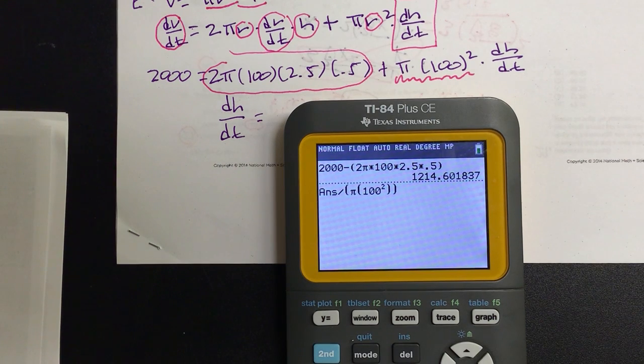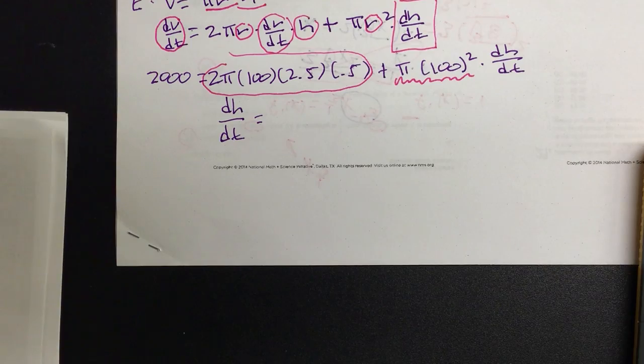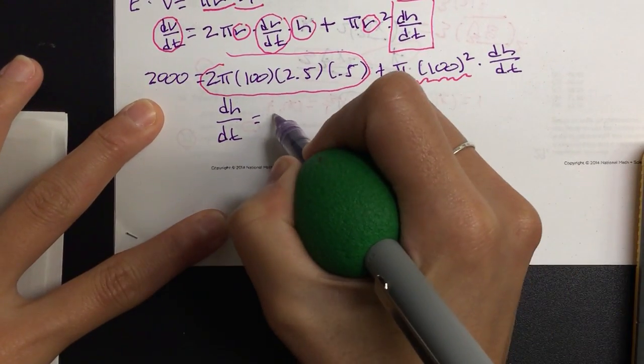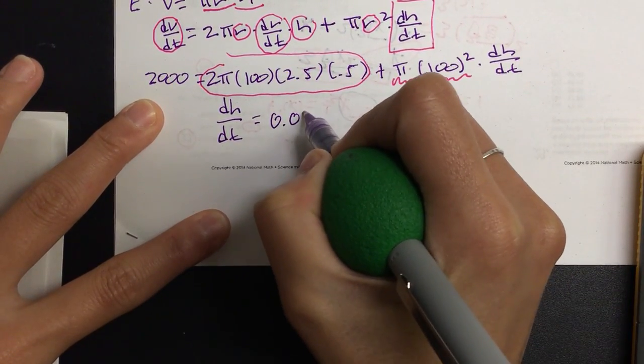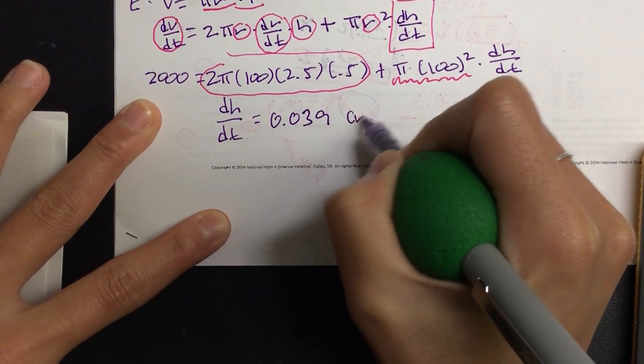And that should give us the rate of the height. And it should be pretty small. Did you get 0.0 something? 0.0338 or 39 would work out. So I want to go ahead and round it to 0.039, and that's in centimeters per minute.